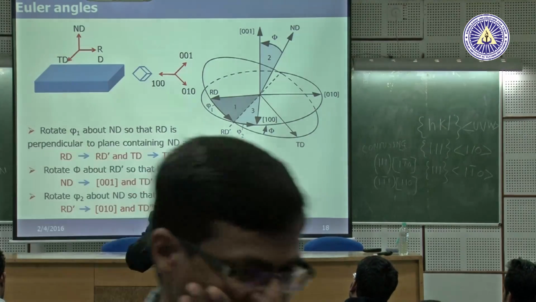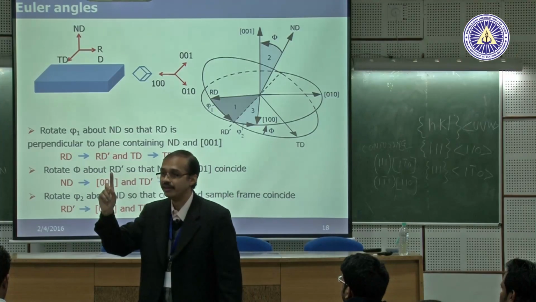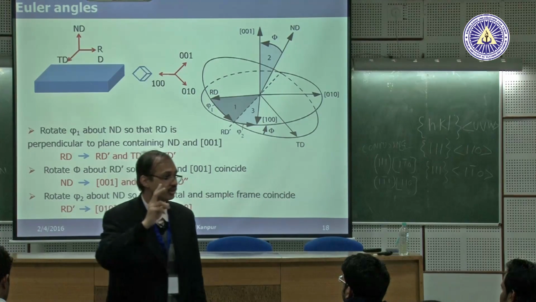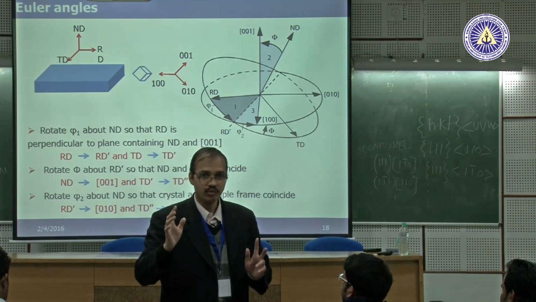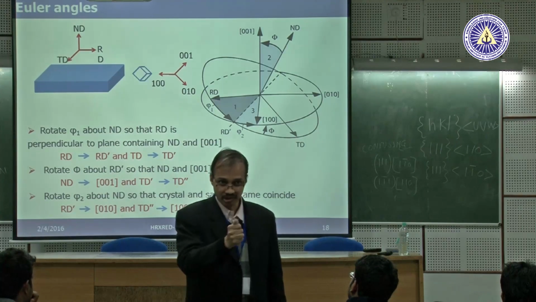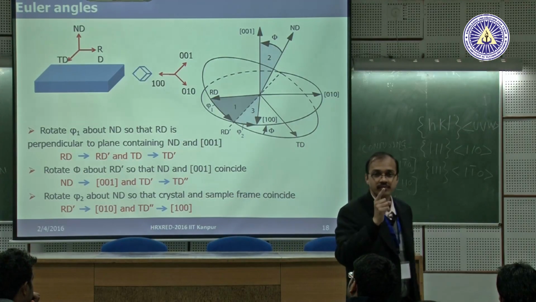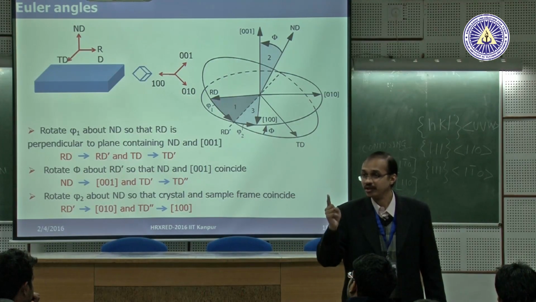I hope you appreciate that if you look at any two directions, you can always define a plane that contains the two directions. So now what I want to do is to bring my RD prime to such a location that it is normal to the plane containing ND and 001.